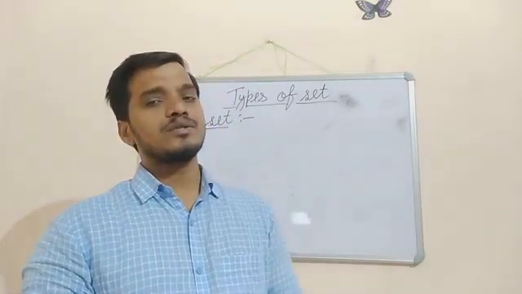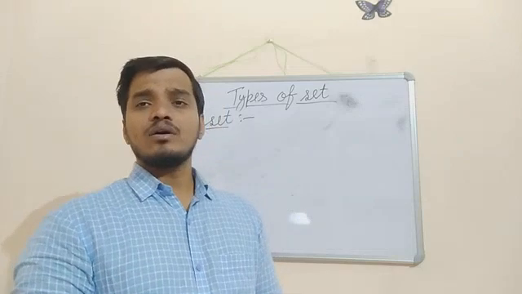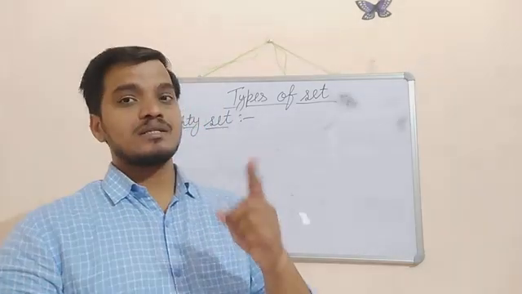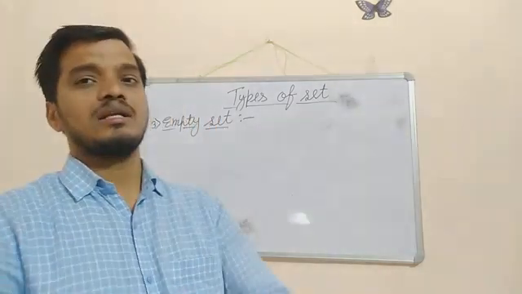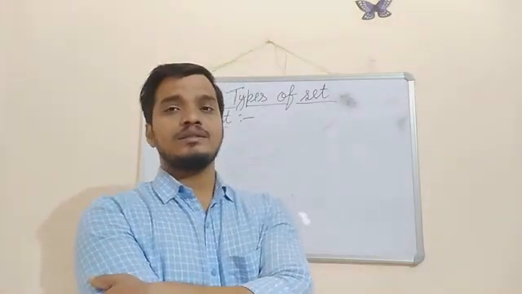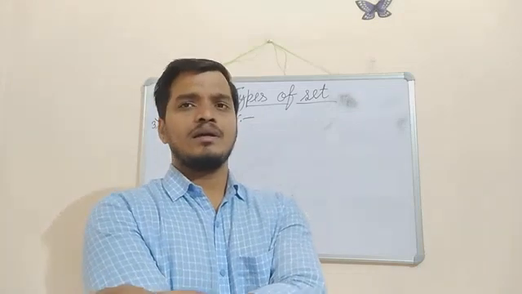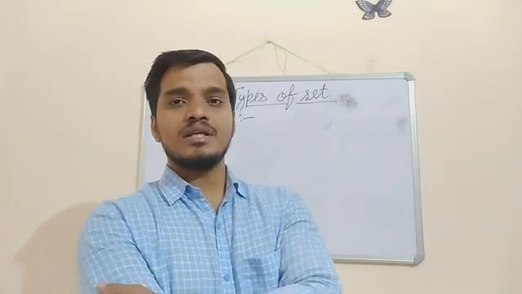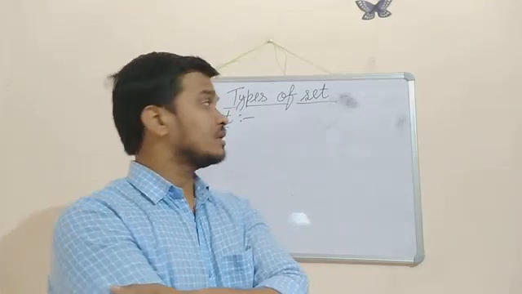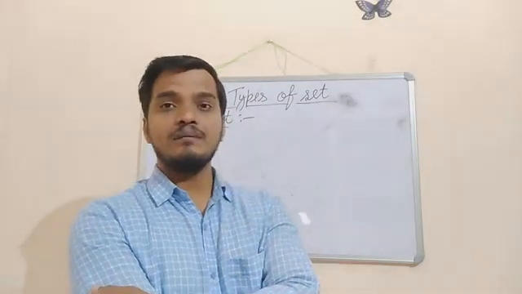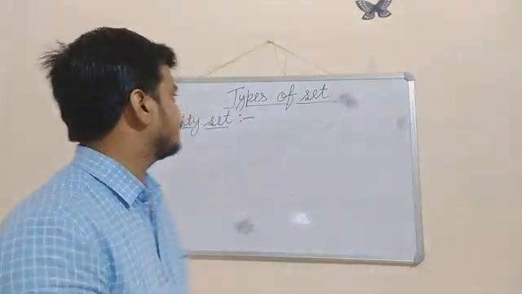Like if I will ask you, write all the natural numbers which are less than 1. Definitely you will not get any set. You will not get any set whose value will start from this value.